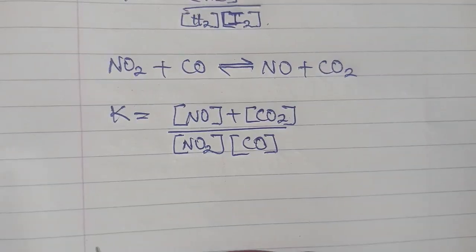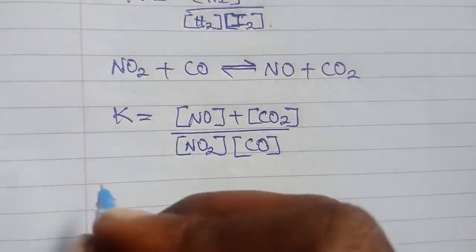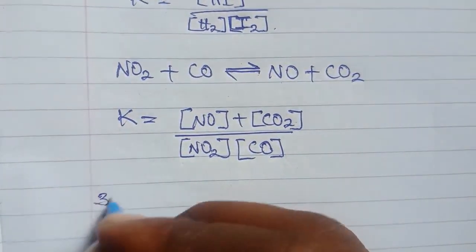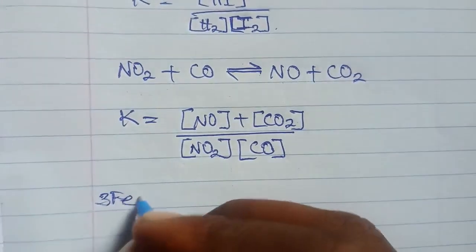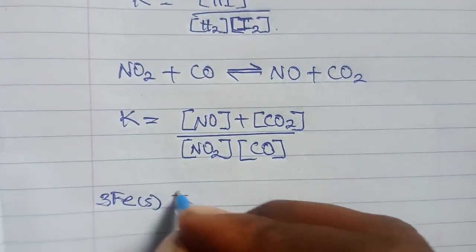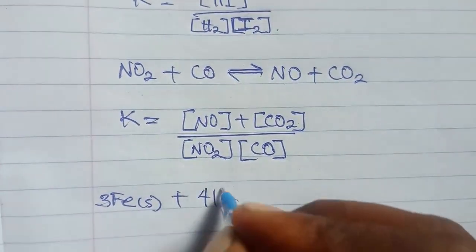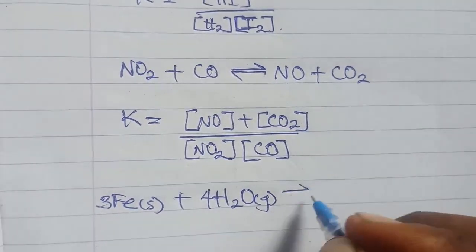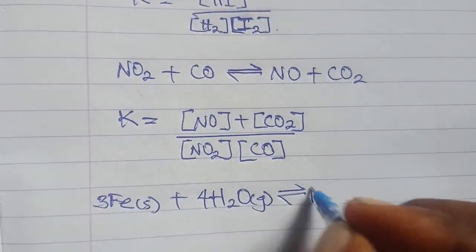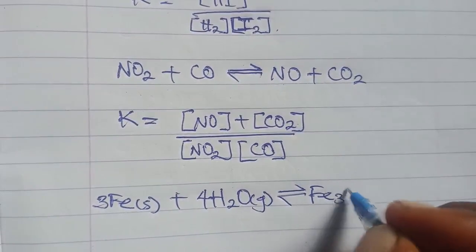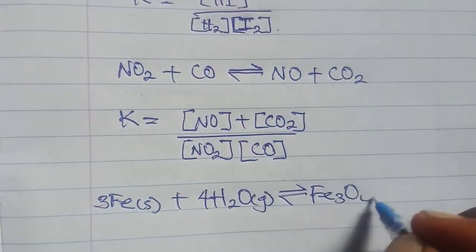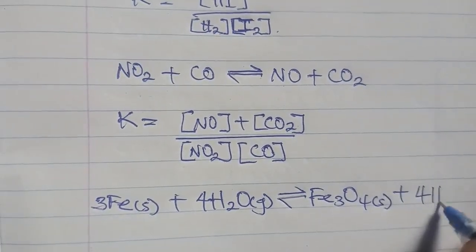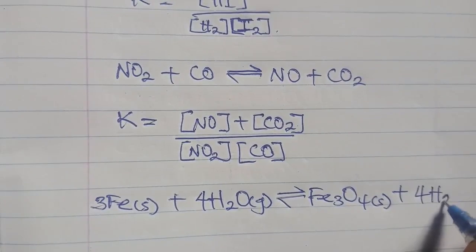One major thing also that we need to note is that the equilibrium constants of solids are not written. If, for example, we have this reaction and we are asked to get the equilibrium constant, you will notice that a solid is involved.